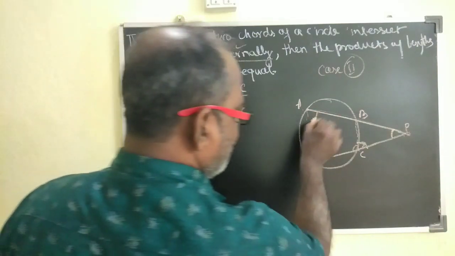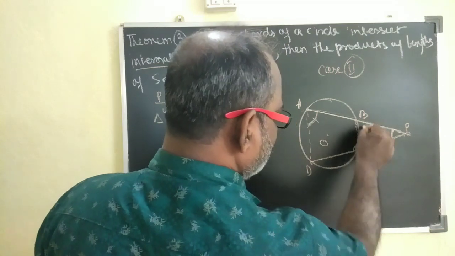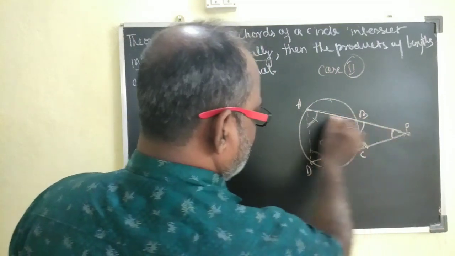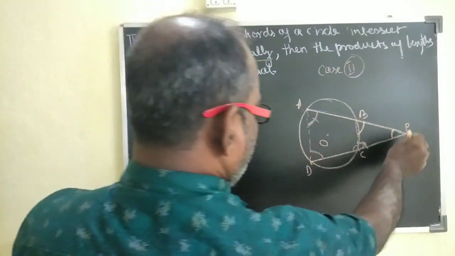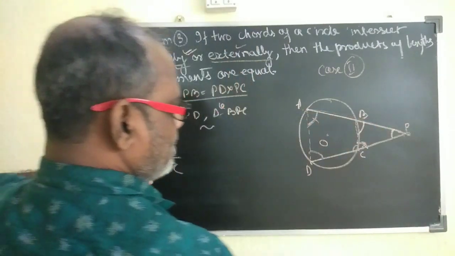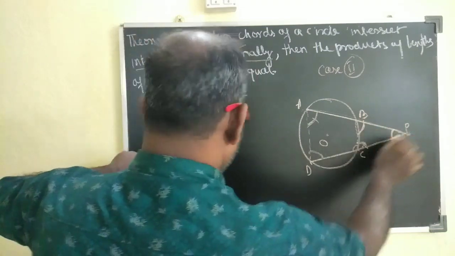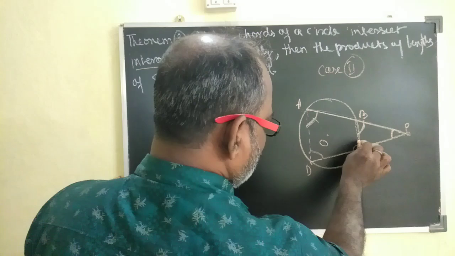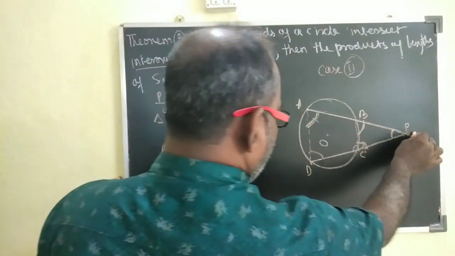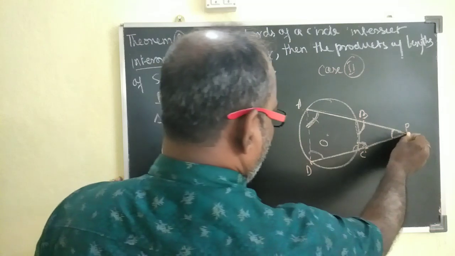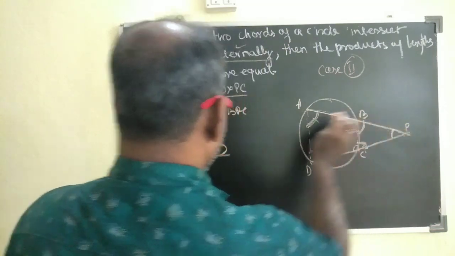Opposite of this angle is PC, and opposite of this angle is PA, and again this angle equals this angle, opposite of this side is PD, and opposite of this angle is PB.